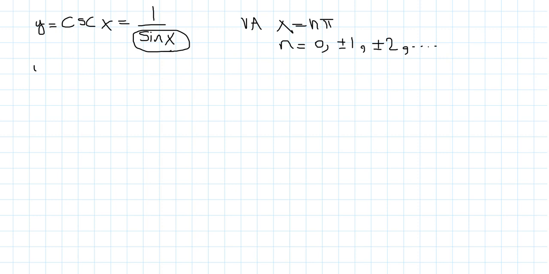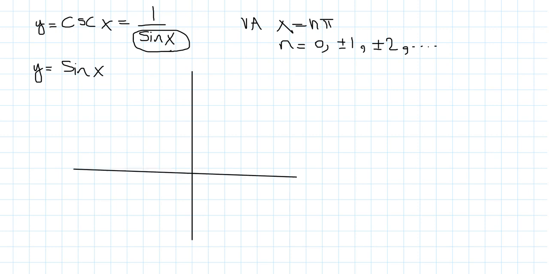Now easily I want to draw the graph of y equals sine x. Let's draw the axis. I want to draw it between 0 and 2 pi. You can see the previous videos on my channel to learn how to draw the graph of sine x.